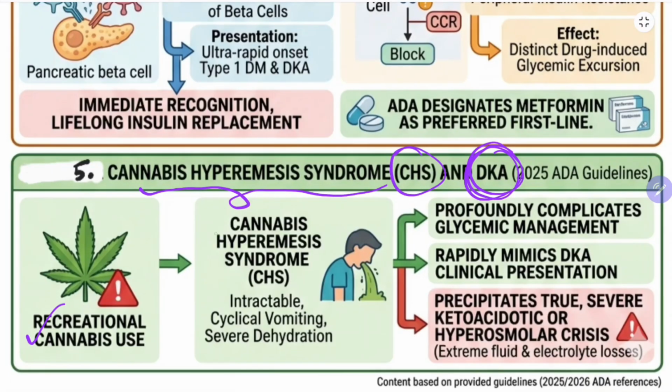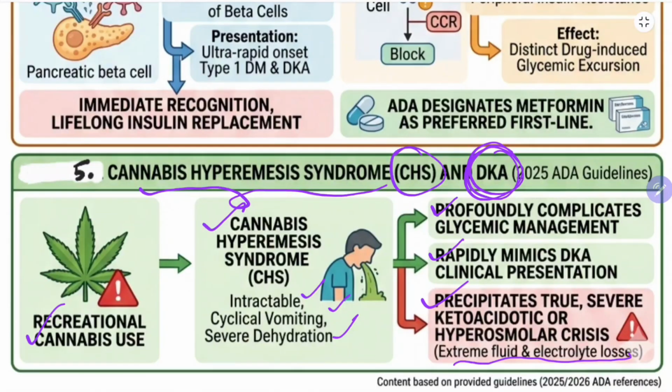So that is the thing. With cannabis hyperemesis syndrome, the patient will have intractable cyclical vomiting and severe dehydration. Because of that, this profoundly complicates glycemic management and rapidly mimics diabetic ketoacidosis. It can precipitate true, even severe, ketoacidotic or hyperosmolar crisis because of extreme fluid and electrolyte loss.